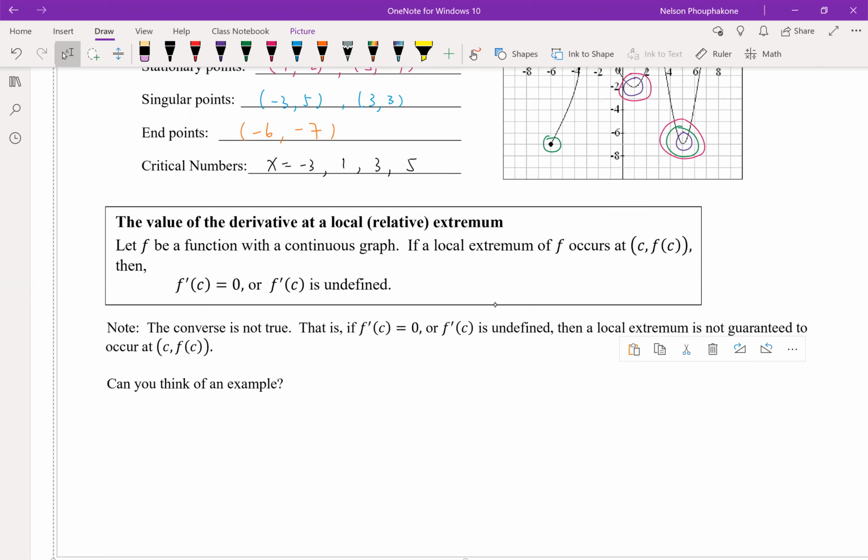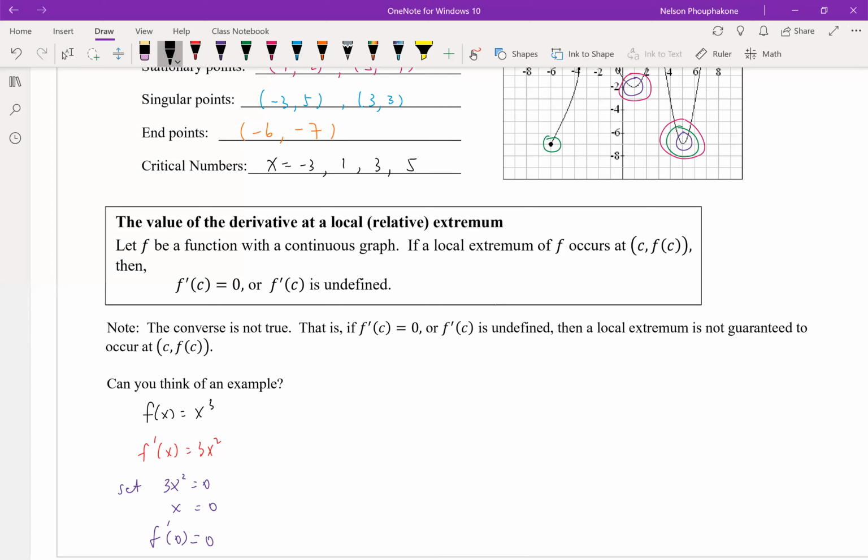Okay. Can you think of an example then? For example, like f of x equal to x to the power of 3, then we know that f prime of x is 3x squared. And of course, we set 3x squared equal to 0, then x must be equal to 0, right? Then f prime of 0 equals 0.